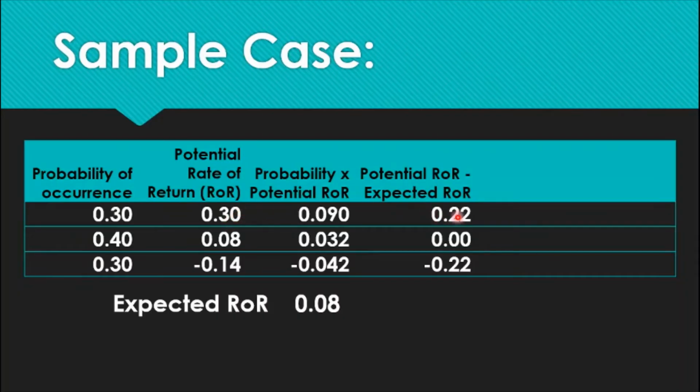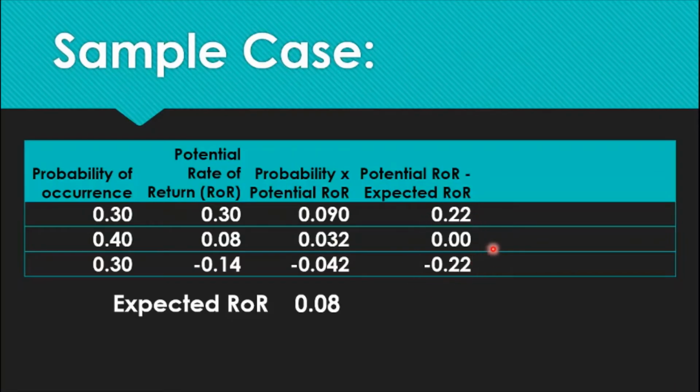It is 0.22 above the expectation of 0.08. If it would be 0.08, then this is exactly as expected. There's no deviation. Then finally, it can be as low as negative 14%, which is negative 0.22 below the 8% expected rate of return. So this is basically the deviation, how the actual results can deviate from what is expected.